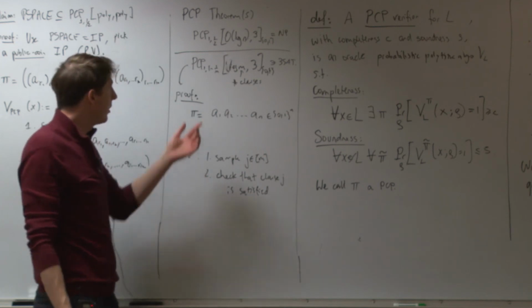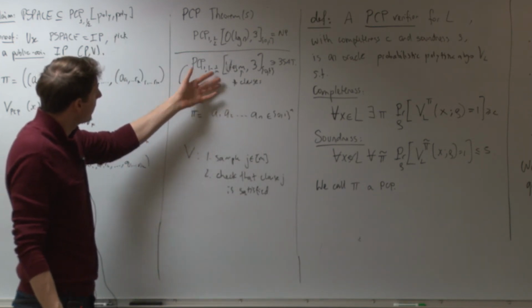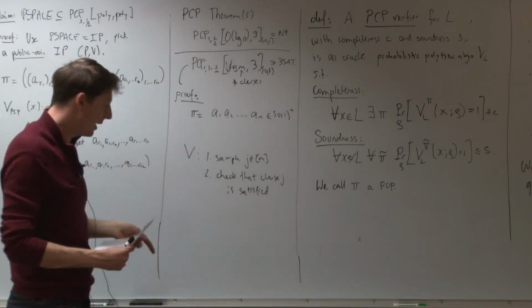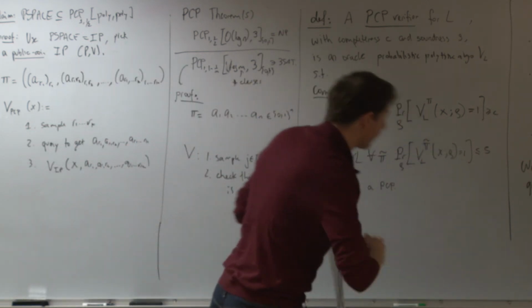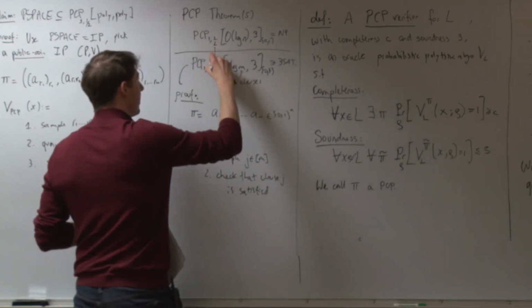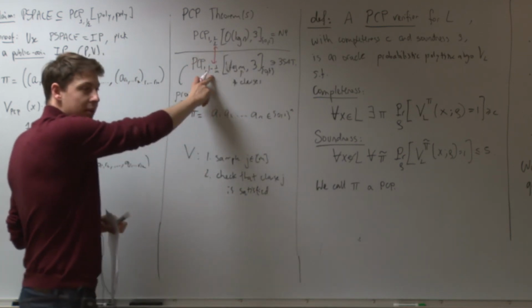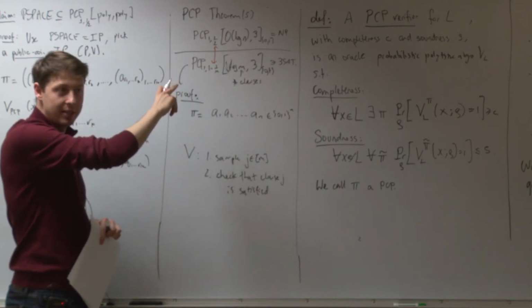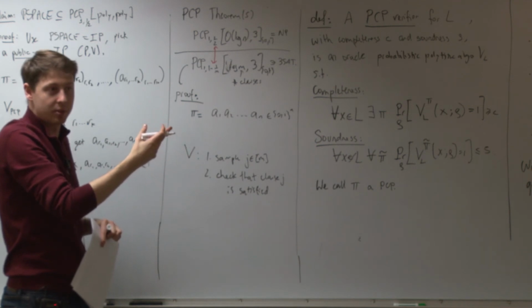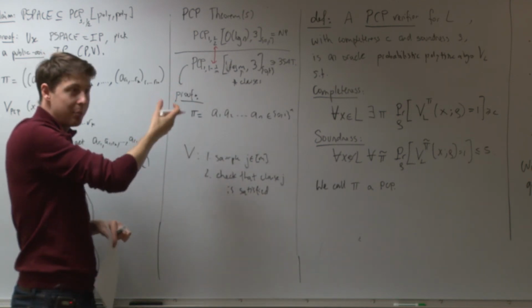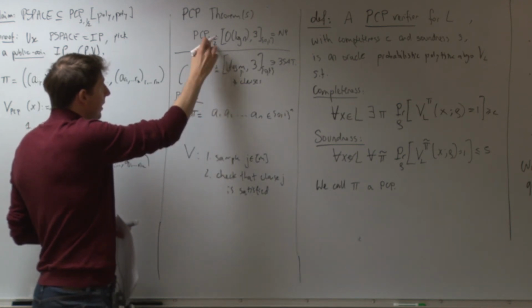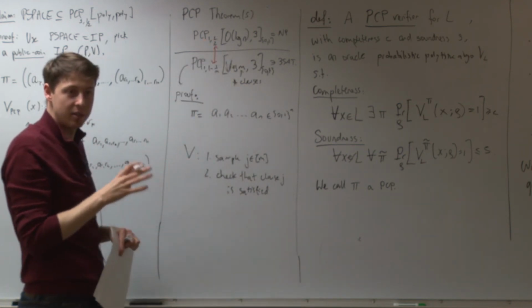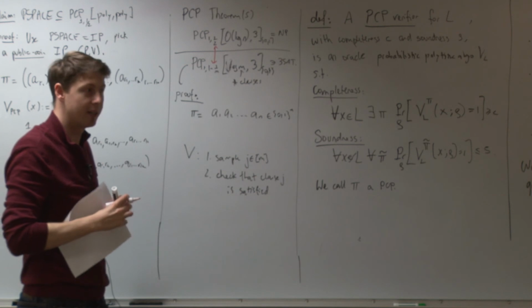But notice the parameters are pretty much the same, except for a tiny detail, which is the soundness that you get. This soundness approaches 1 as 1 over m. It's really crappy, right? It's not bounded away from 1 either. But here the soundness is fixed. It's a constant.